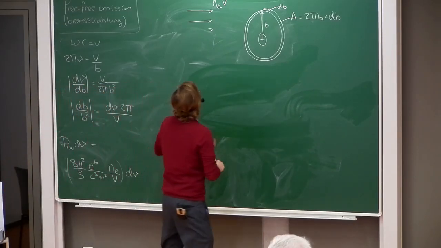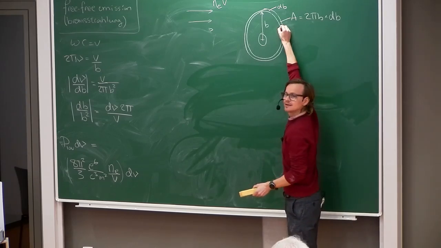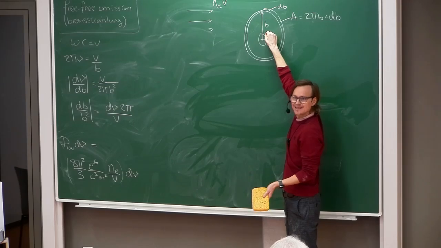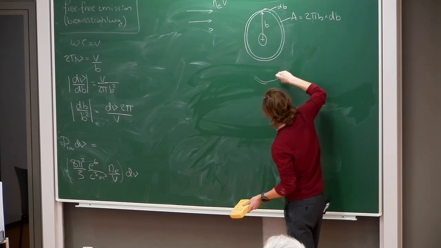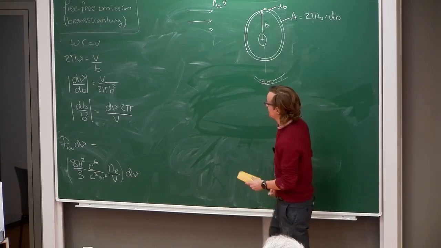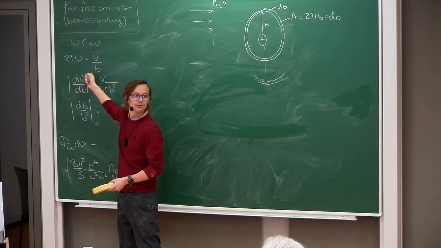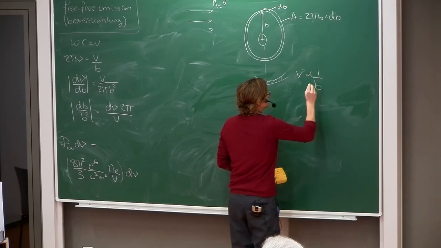That is that if you have a flux of electrons coming in at a larger impact parameter, at a larger b, so that you make this annulus bigger, so it's out here now, then what will happen? Well, the characteristic frequency of the radiation will be lower, because nu goes with 1 over b.